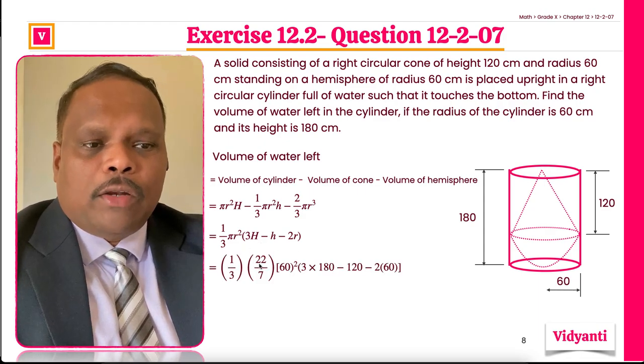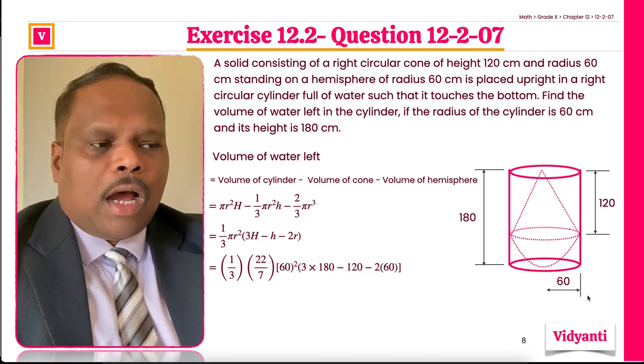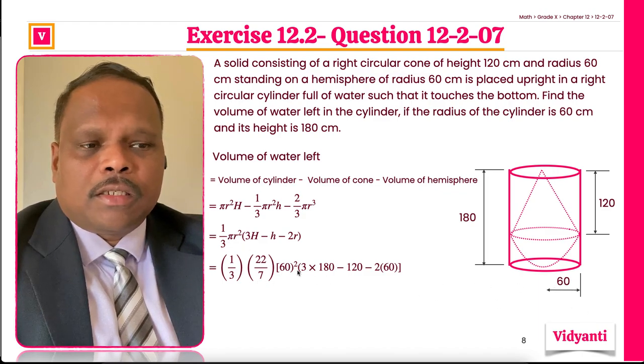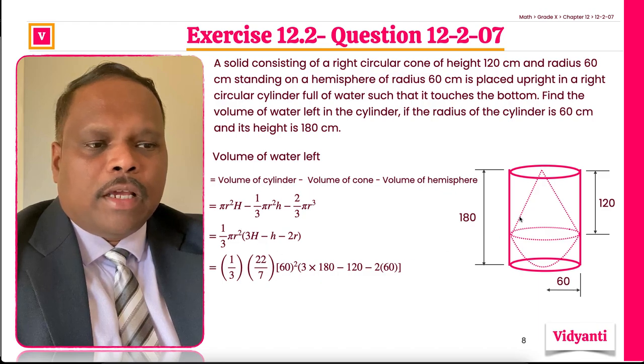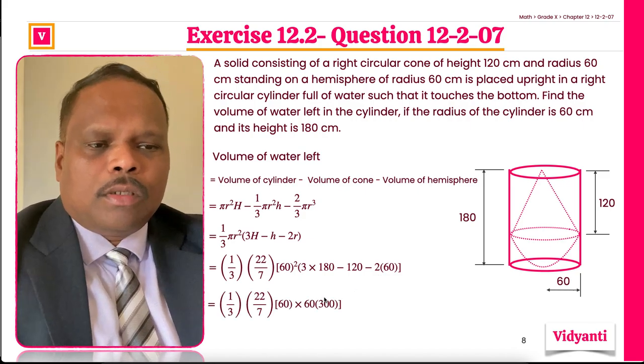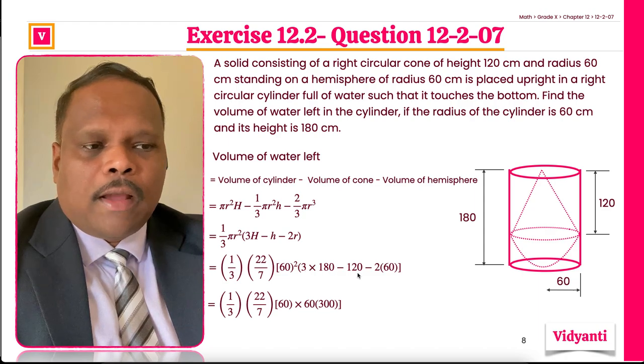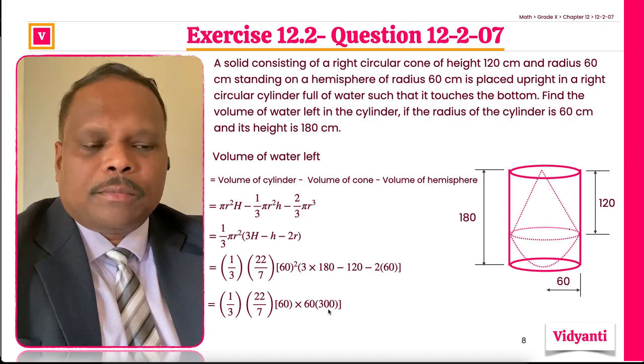Now let's substitute the values. Pi is 22/7. R square, R is given as 60, squared, times 3 times capital H, which is 180, minus 120, minus twice 60. If you do the calculations, 3 times 180 is 540, minus 120 is 420, and then again minus 120 will be 300.